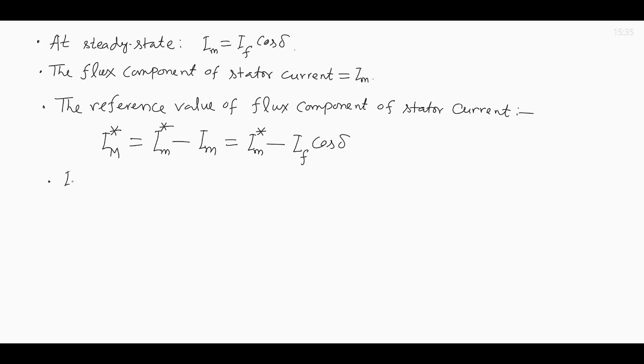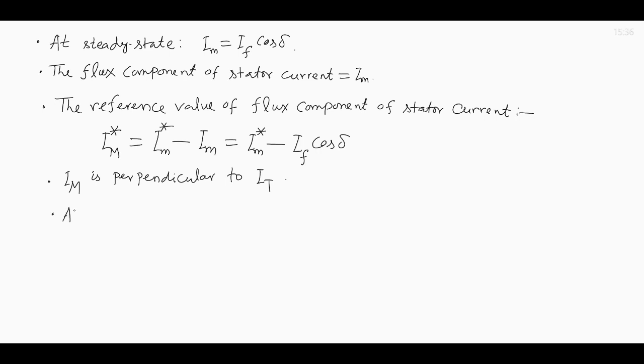This I capital M, the injected stator current, is perpendicular to the active component or the torque component of the stator current IT, and this will be present only during the transient period.